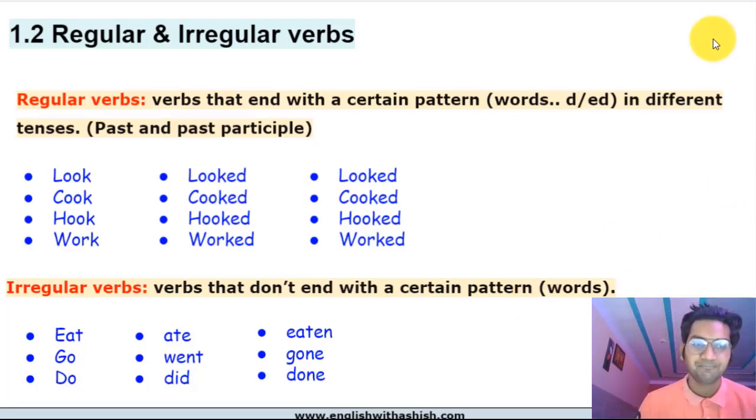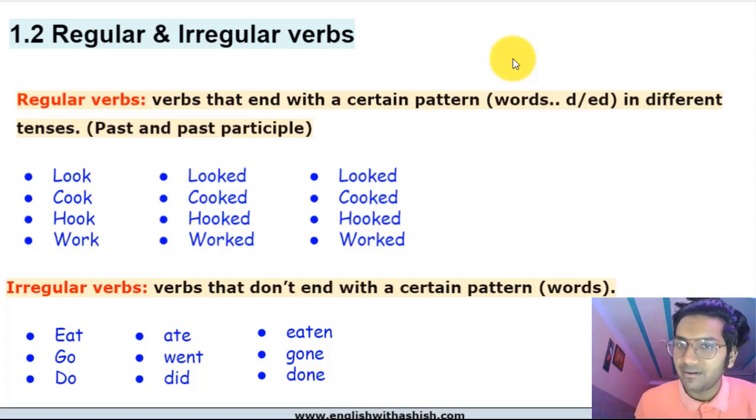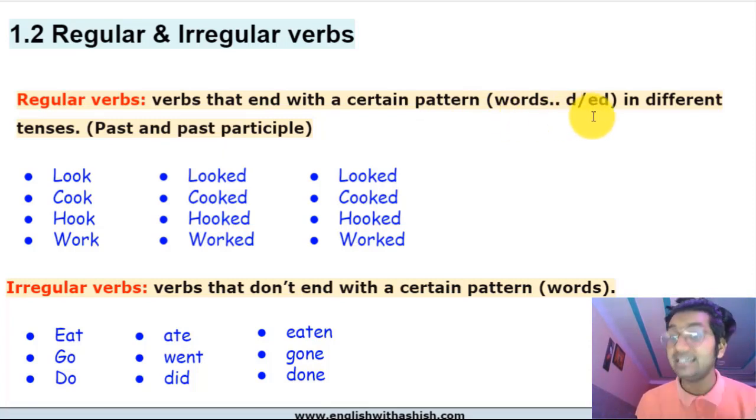Now understand this. Guys, regular and irregular verbs do not have anything to do with the grammar, right? We have categorized action verbs into regular and irregular verbs based on how they end in past and past participle. So regular verbs are action verbs that end with a certain pattern. In past and past participle, they end with the letter D or ed, right?